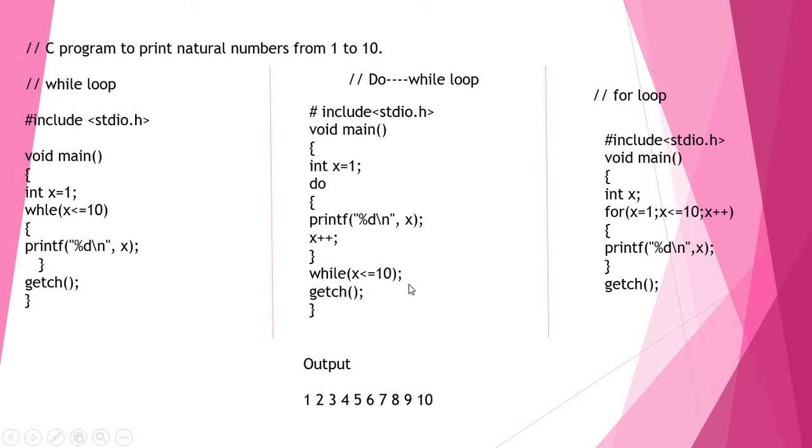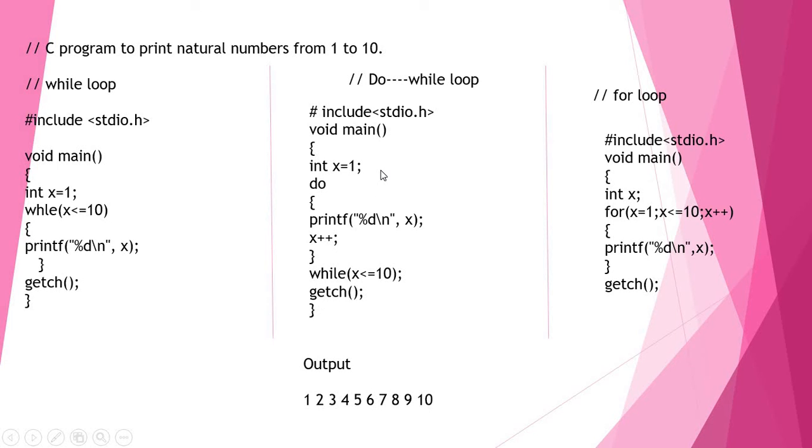Within the while is my condition, that is x is less than or equal to 10. Whenever we use a do while statement, the while is always enclosed with a semicolon, but if you are using only a while loop, there will not be any semicolon. The while always holds the condition.